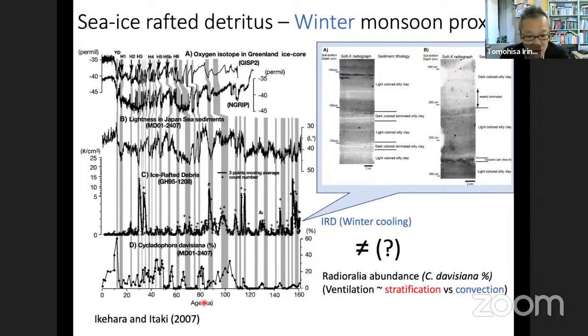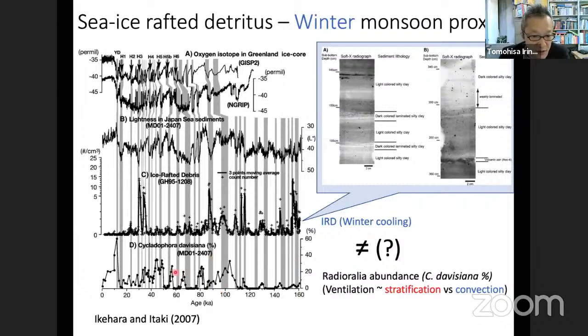Itaki also reconstructed the radiolarian abundance of Cycladophora davisiana, which is a proxy of cold and oxygen-rich bottom water, meaning probably ventilation. They show a very typical fluctuation pattern during the last 160,000 years.